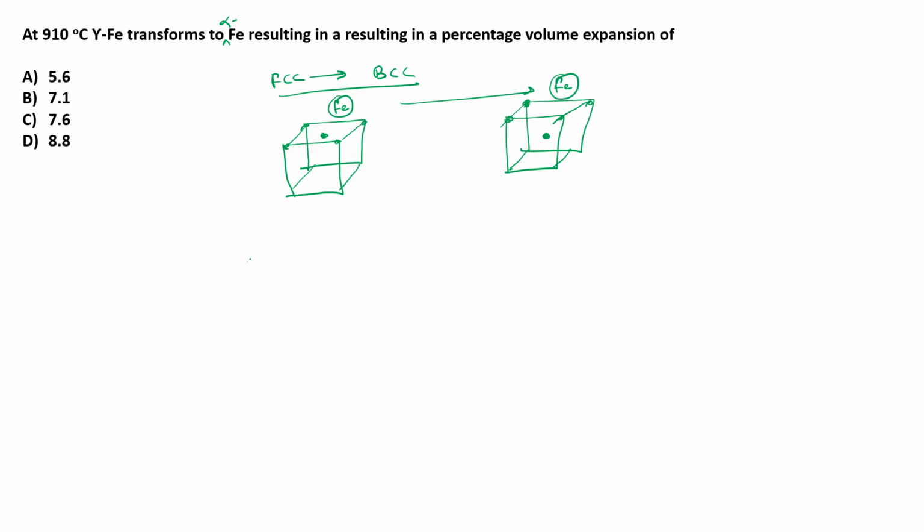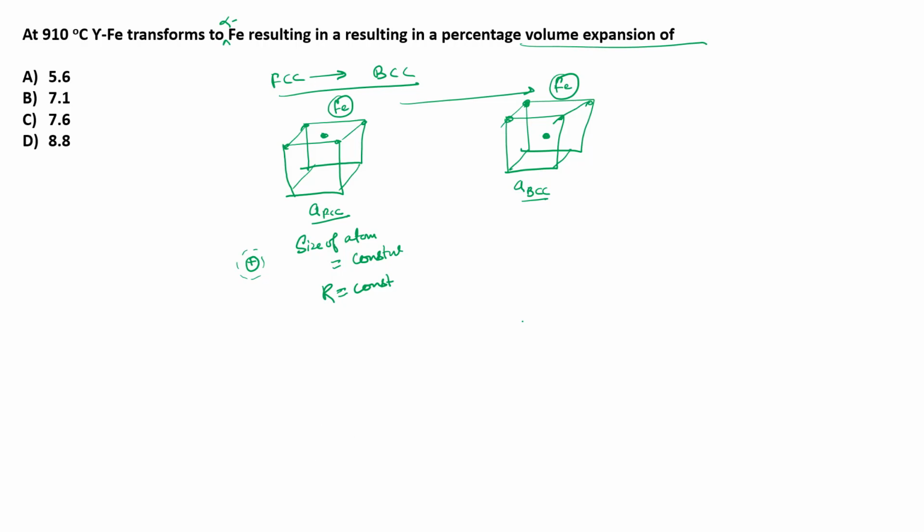So an iron atom is made of protons and electrons, right? So the size of this iron atom will never change. So the size of the atom is constant, that means the radius is constant. So what will be the change in the a value? a in the case of FCC and a in the case of BCC will be different. The edge length will be different, right? Now see, we need to find this volume expansion or contraction. Here it is given that expansion takes place.